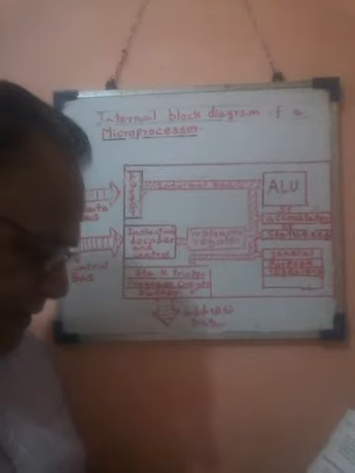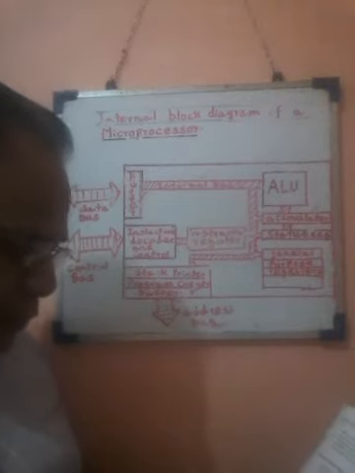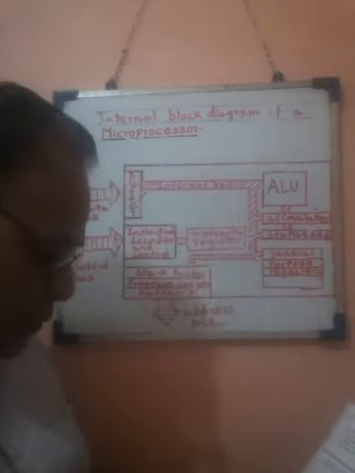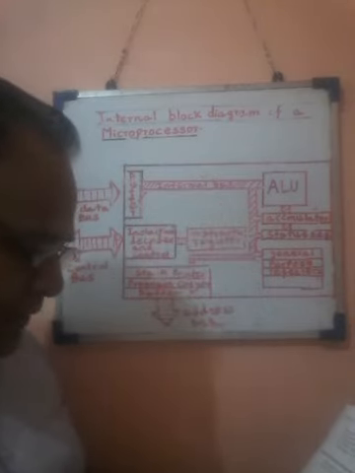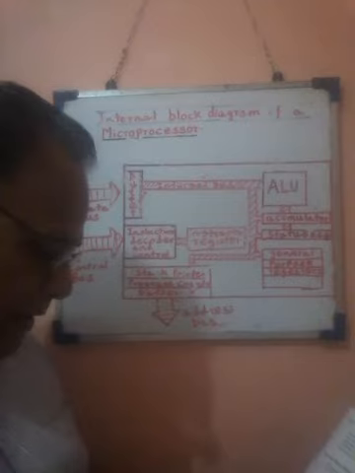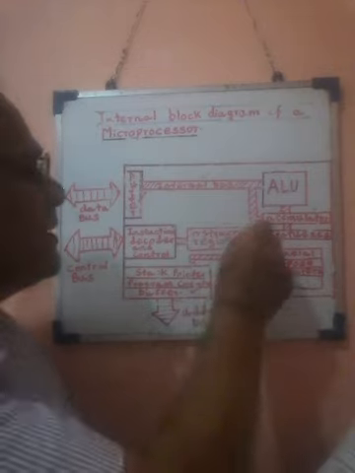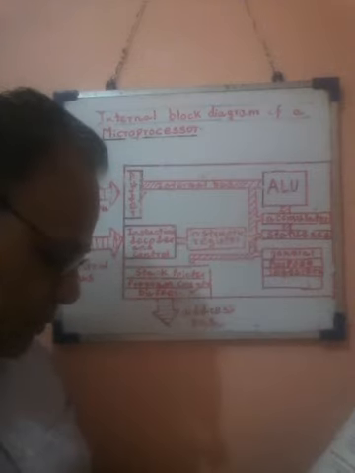Second, internal bus, to link each block within the microprocessor. ALU, arithmetic logic unit, performs mathematical and logical operations. Accumulator works with the ALU.